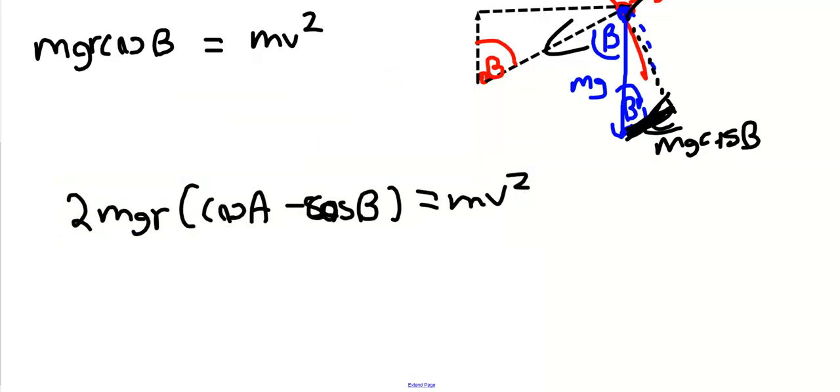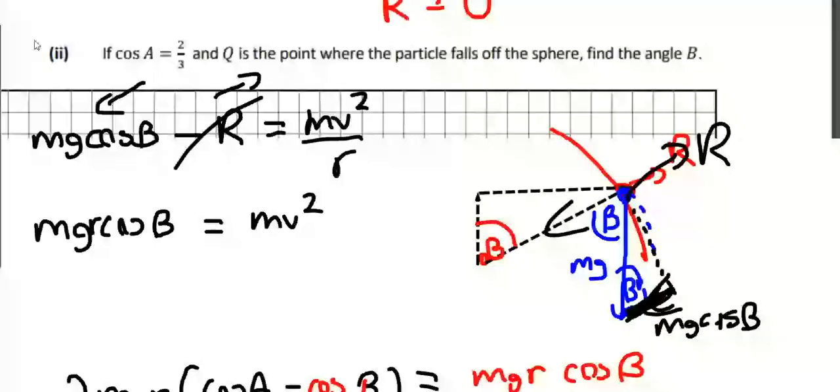Now, what do we think? Cos B, yeah? And I'm just going to rub this out, and what am I going to say equals? mgr cos B. I'm a bit silly because I was told what cos A was, wasn't I?